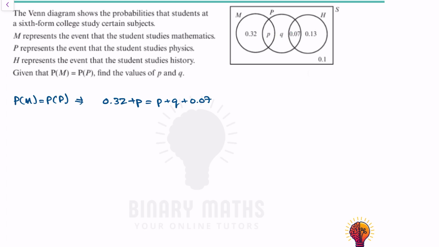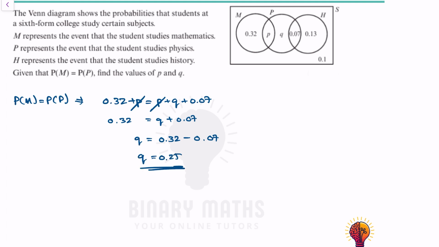So the P's can cancel out. All I'm left with is 0.32 is equal to Q plus 0.07, which means Q must be equal to 0.32 minus 0.07, which means Q is equal to 0.25.